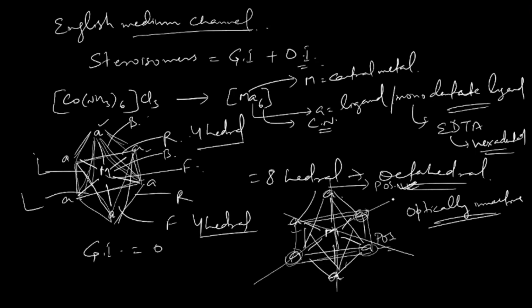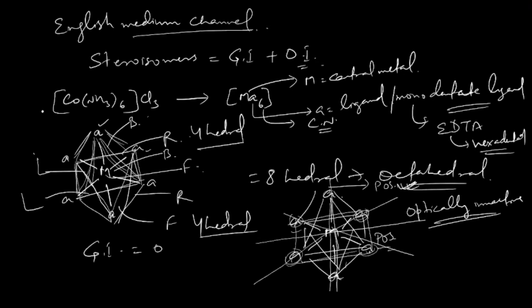If we put a mirror like this, this A will reflect here, so here also a plane of symmetry. Like that, you have to find it. If any plane of symmetry or center of symmetry is present, then the complex molecule will be optically inactive.